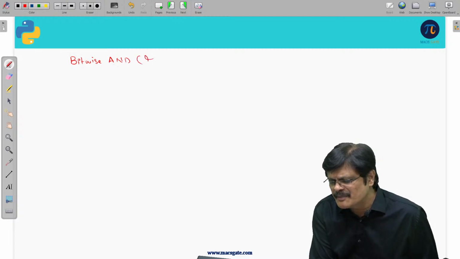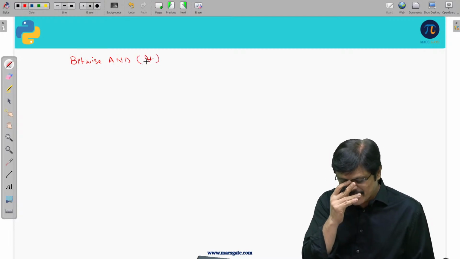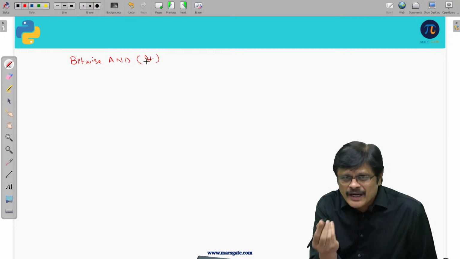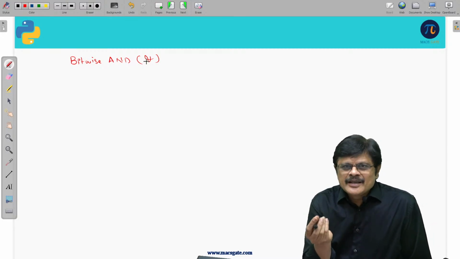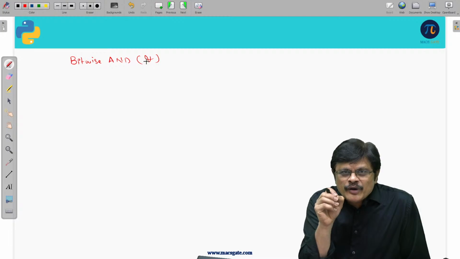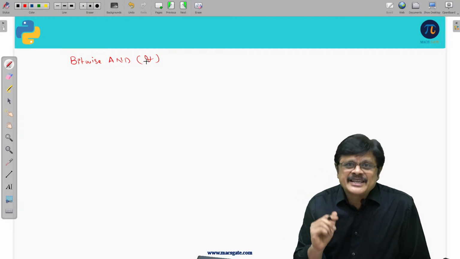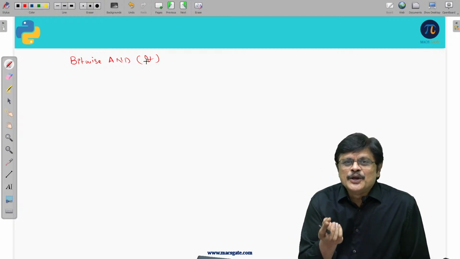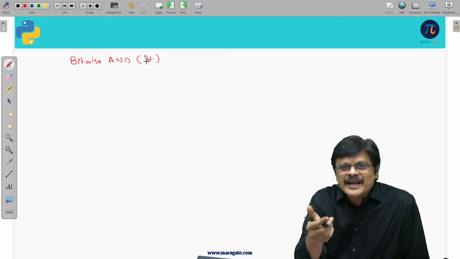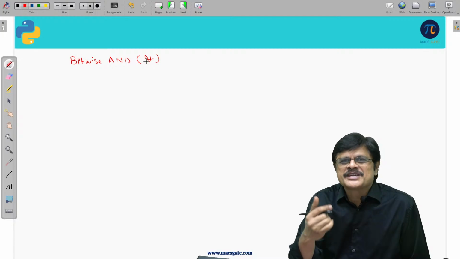And this is the symbol used for the bitwise AND operator. Suppose you have an integer, but ultimately we are going to work with binary representations, and luckily using 0b we can get the binary representation directly, so that we can understand these bitwise operations very clearly.